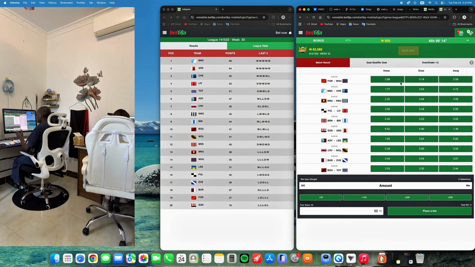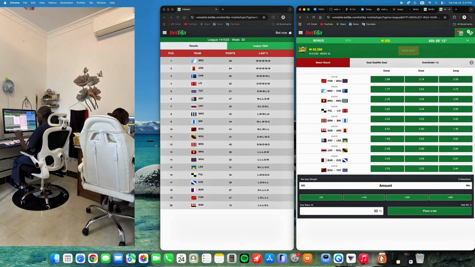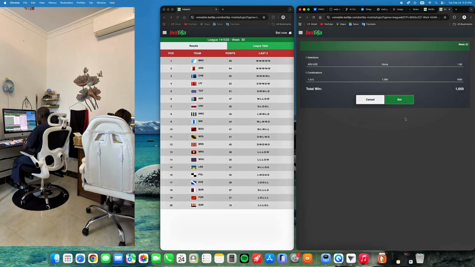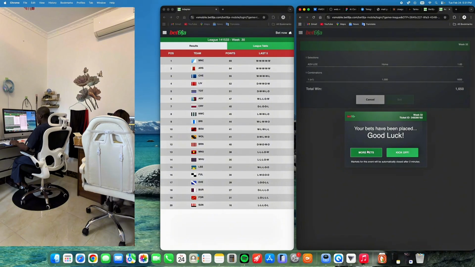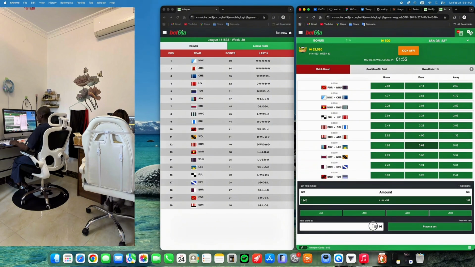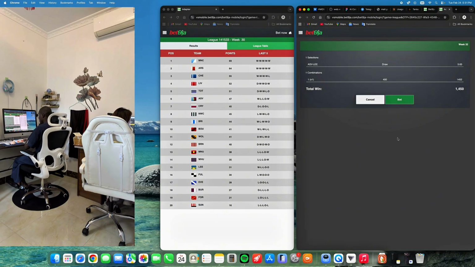Okay, so in a case like this, we'll do the same thing again. We'll use 1000 on Aston Villa. If we win, we are making 1650. Then we'll click on more bets, come to draw, and use 400 on the draw for Leicester.